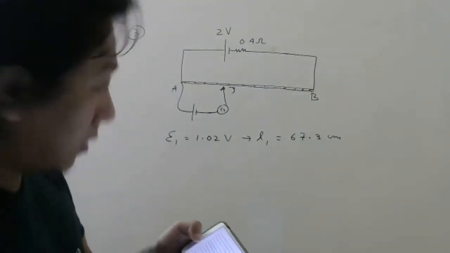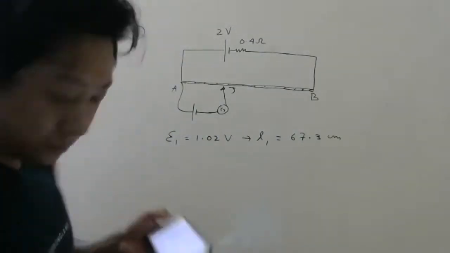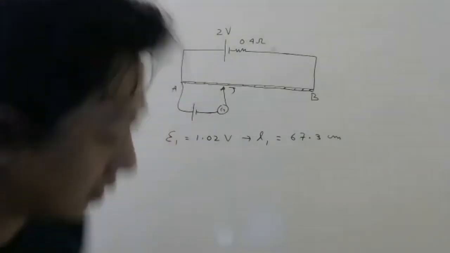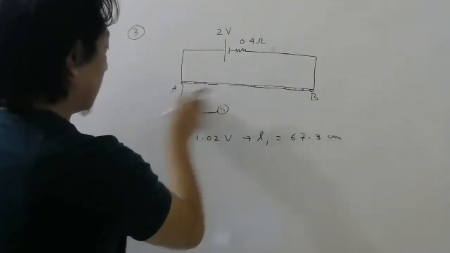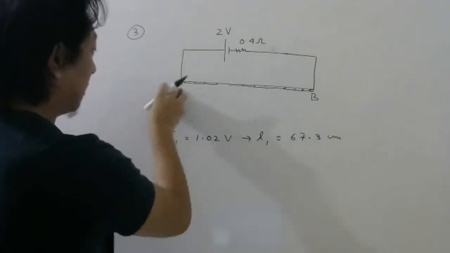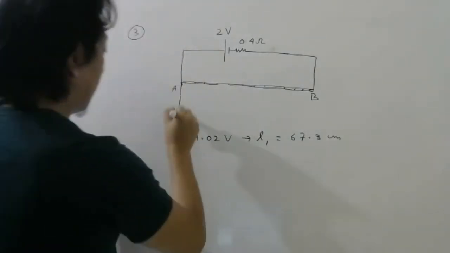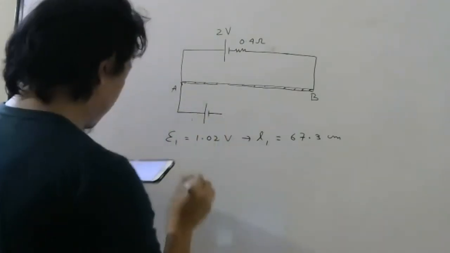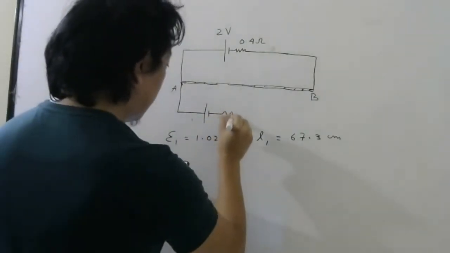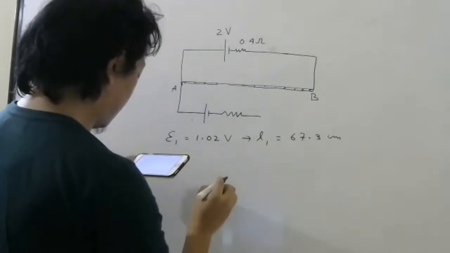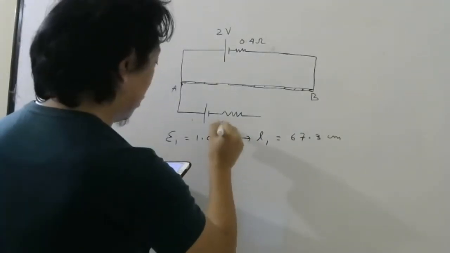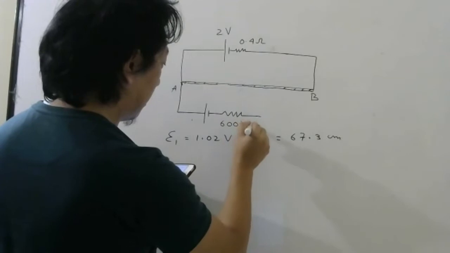Now, if you look carefully, they have done something here. This part looks slightly different. In this part, they have put the cell that you want to measure. And there is a huge resistance here, 600 kilo ohm.